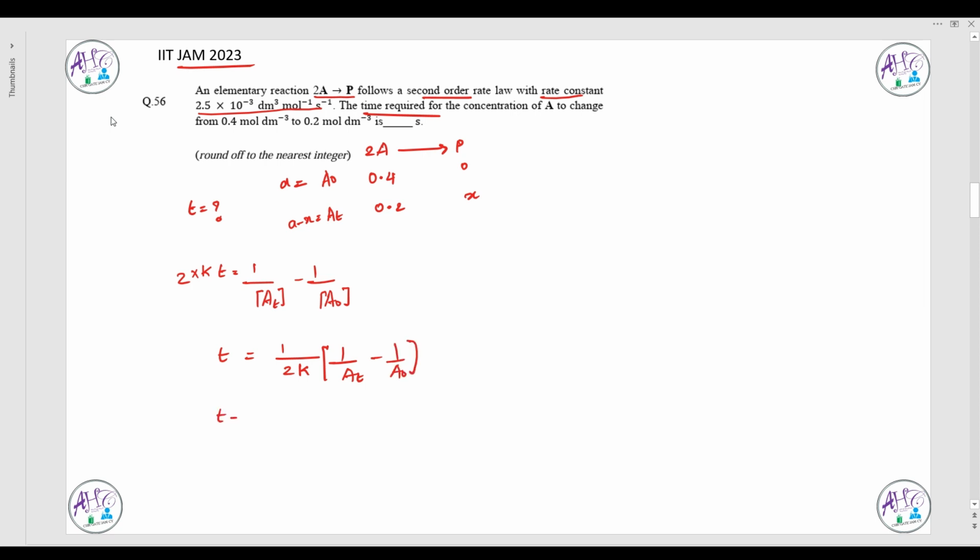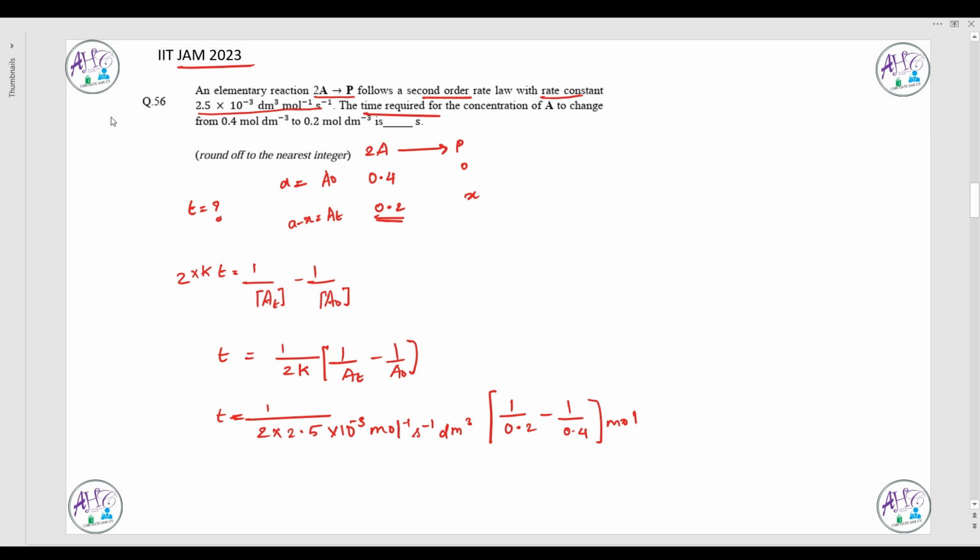So let's do. So this is going to be t equals 1 by 2 into k value, 2.5 into 10 power minus 3 mole inverse second inverse decimeter cube, and then we have your concentration of A, which is At, nothing but A minus x, which is 0.2, minus 1 by 0.4.